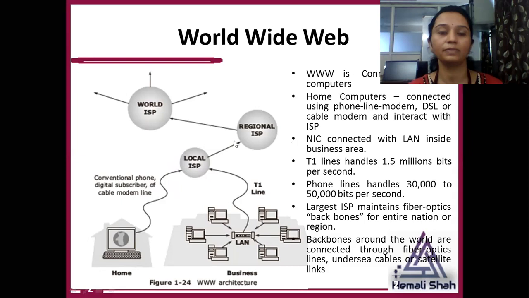This regional ISP sends the data to the world ISP, and the world ISP is again connected with the regional ISPs of that country, the regional ISP is connected with the local ISP of that country, and this local ISP is connected with that computer, so that the data sent by this home computer can reach the particular computer to which it wants to send the data. Like this, the whole World Wide Web works. So this is the architecture of the World Wide Web.